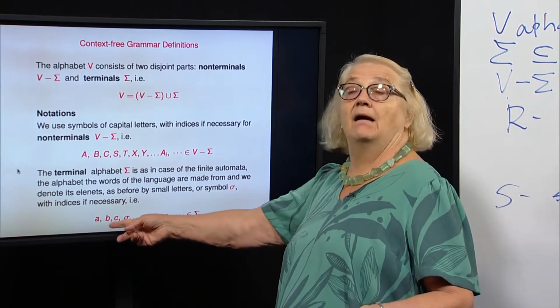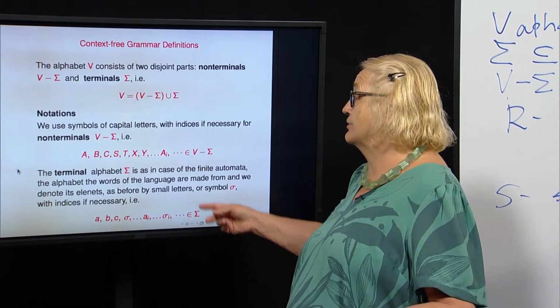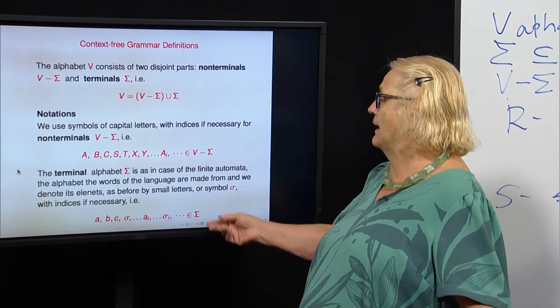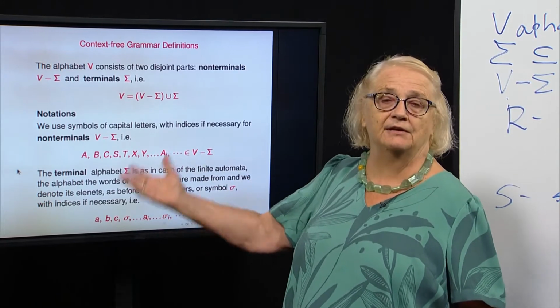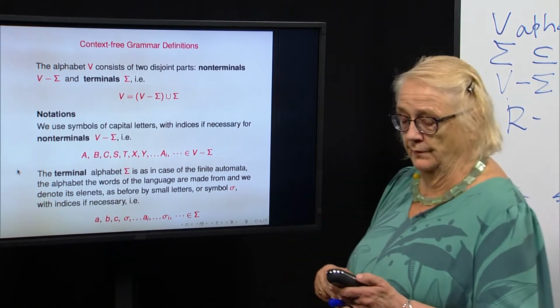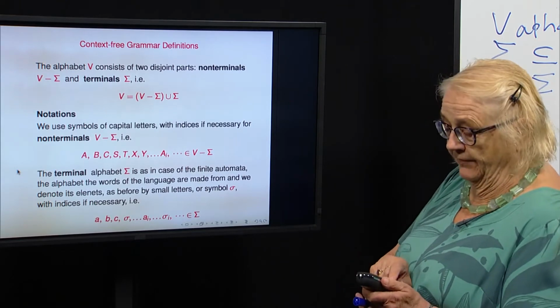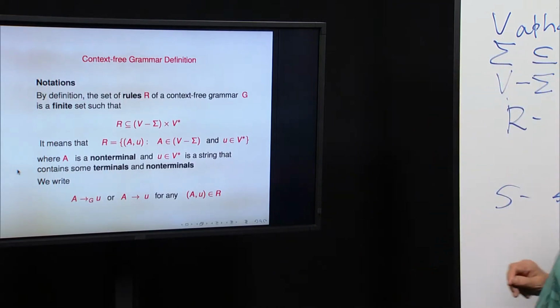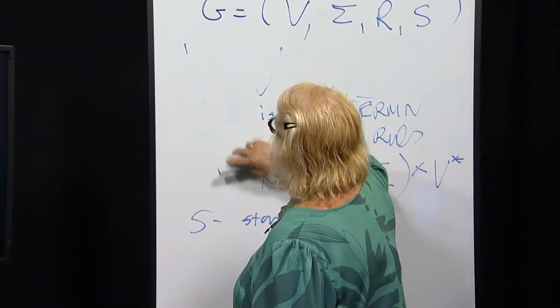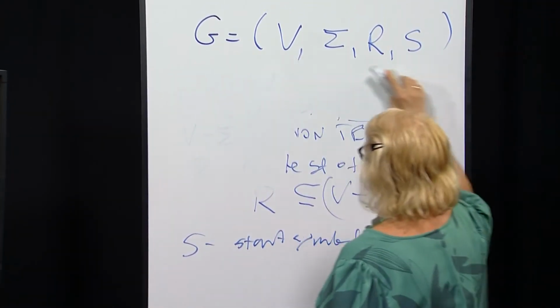And terminals are, like before, letters of our terminal alphabet sigma, any element of sigma: a, b, c, whatever we want to have. So we have well-established notations.